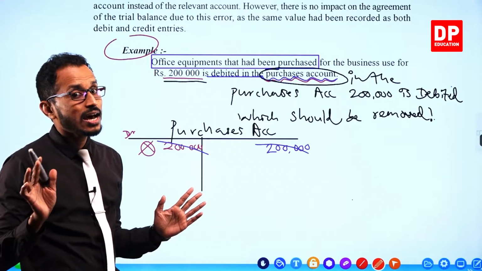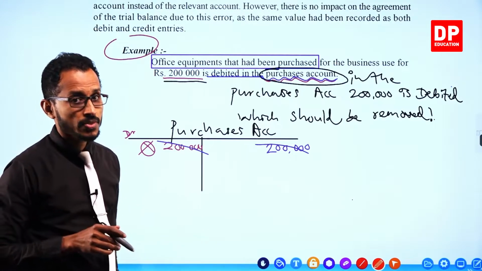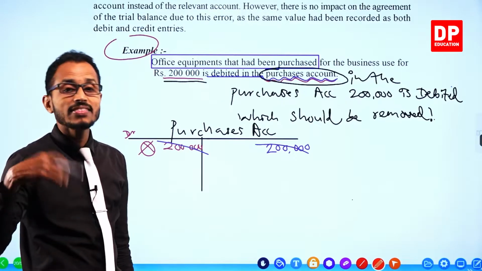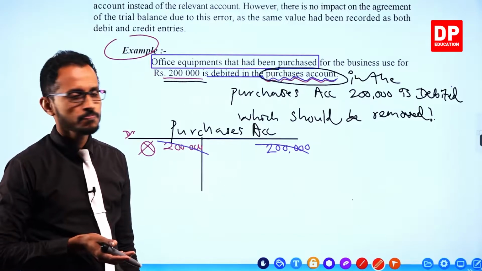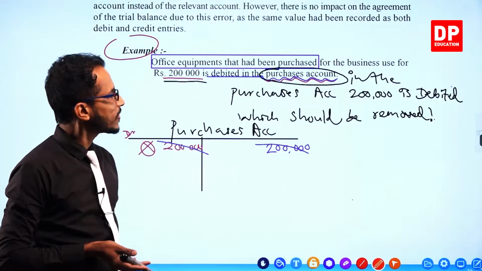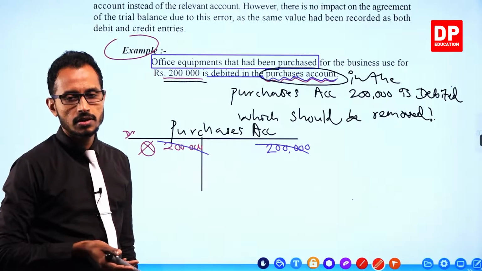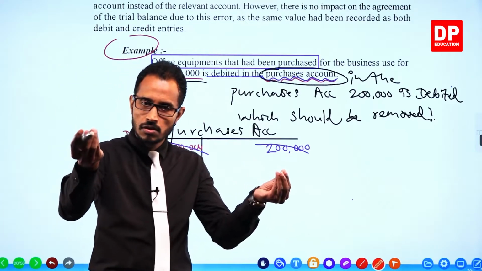But there should be another entry now. Double entries should be there now. What is the other entry? You tell me.